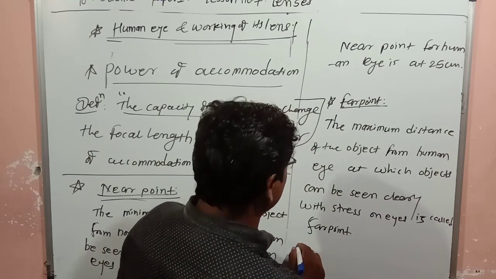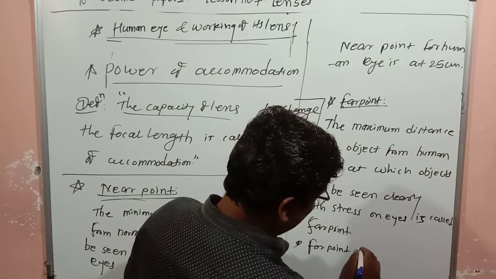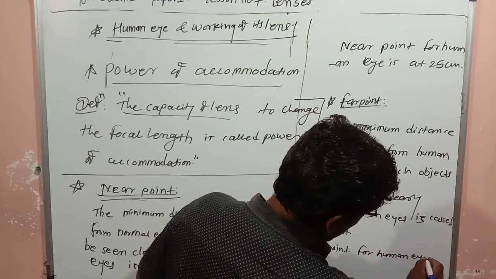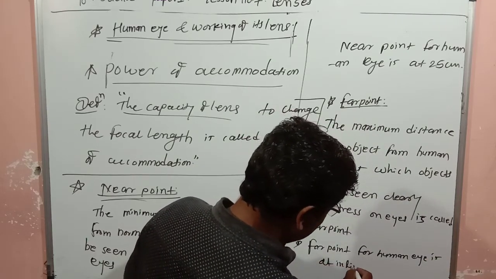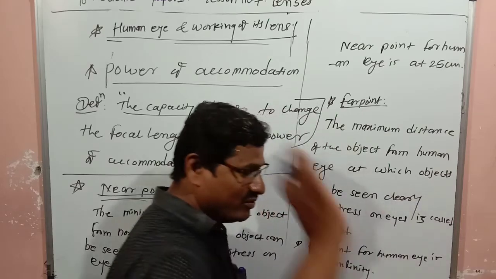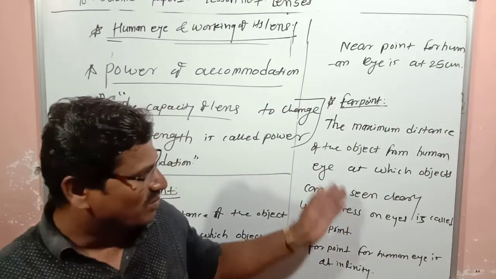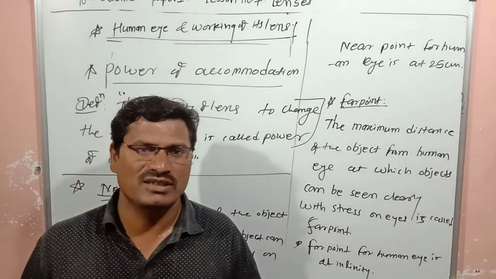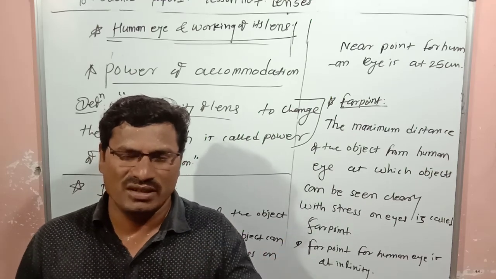Here you can say the far point for the human eye is at infinity. That means you can see into the sky also, a very long distance. So the far point is at infinity, the near point is at 25 centimeters. The remaining points we are going to study in the next video.